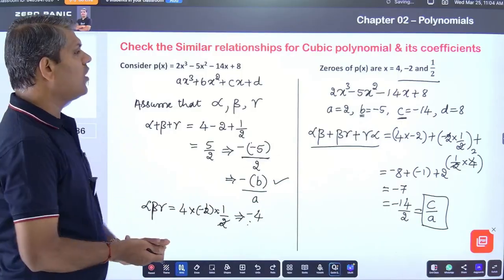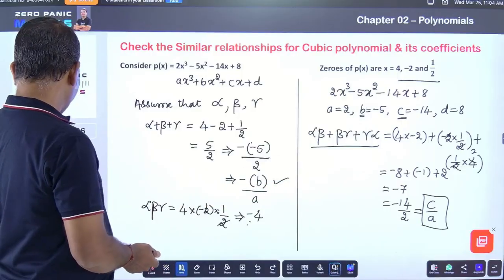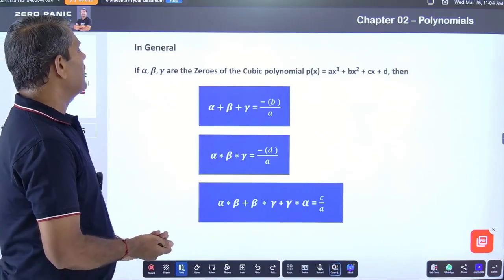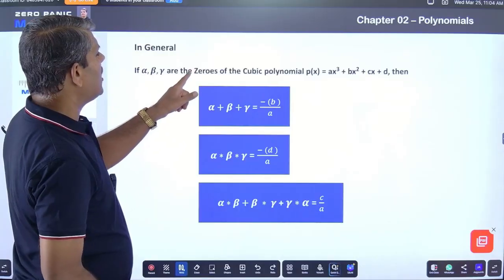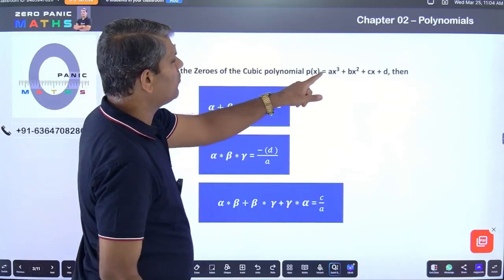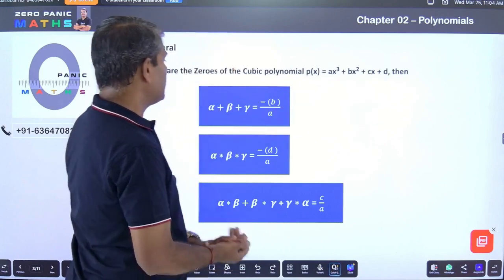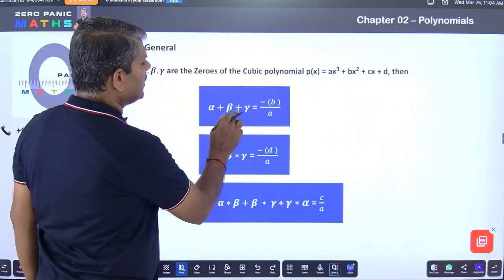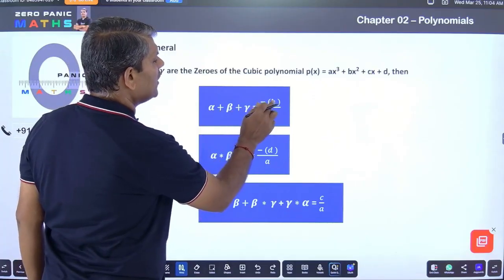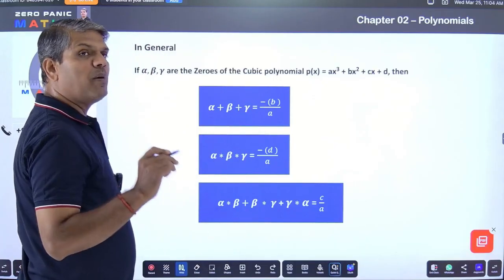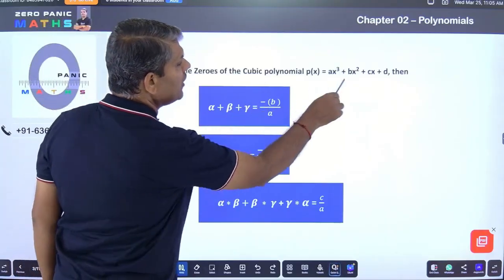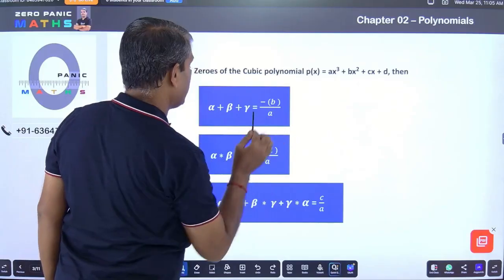So this is all about the three properties. In general we can say that if alpha, beta, gamma are the zeros of the cubic polynomial ax cubed plus bx square plus cx plus d, then the sum alpha plus beta plus gamma is minus b by a, which is the coefficient of x square divided by the coefficient of x cube.